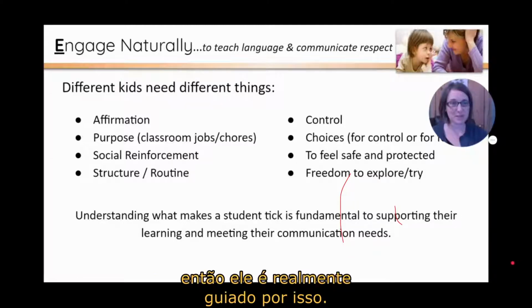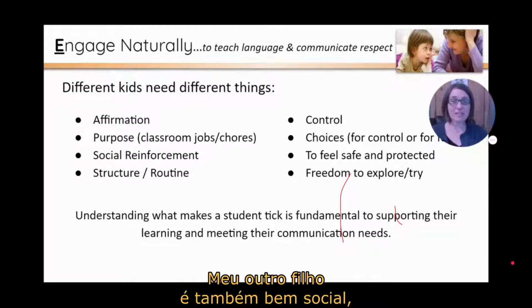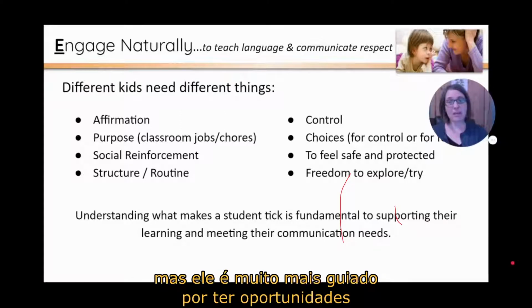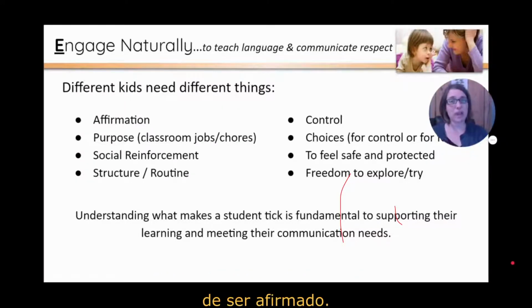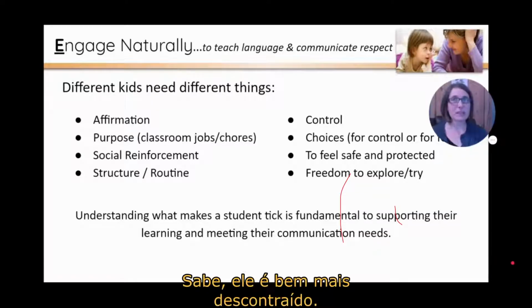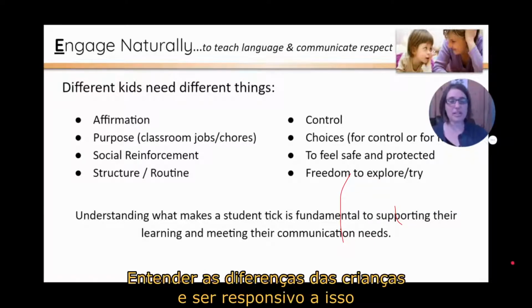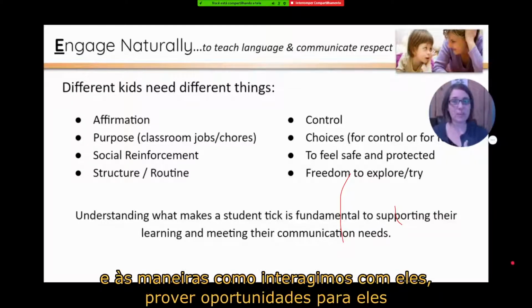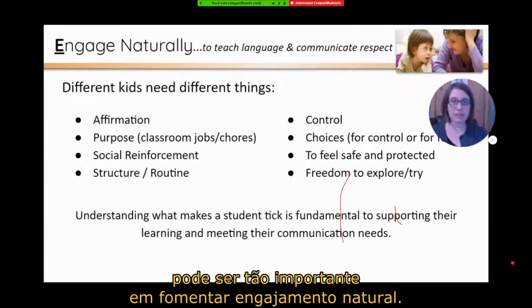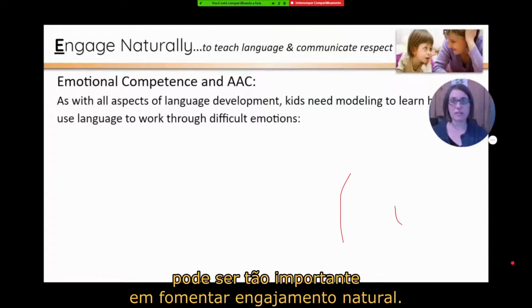So he really is driven by that. My other son is also very social, but he is much more driven by having opportunities for being affirmed. He's much more laid back. So understanding how kids are different and being responsive to that in the ways that we interact with them and provide opportunities for them can be so important in fostering natural engagement.